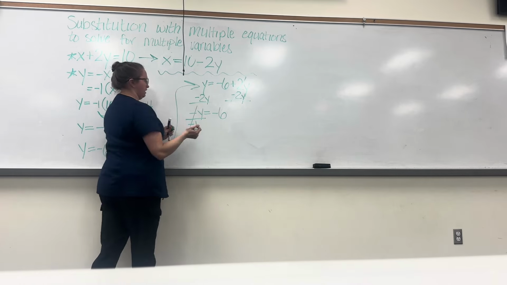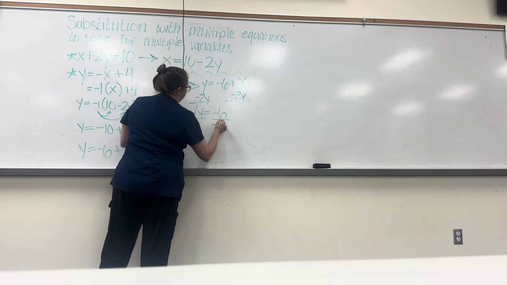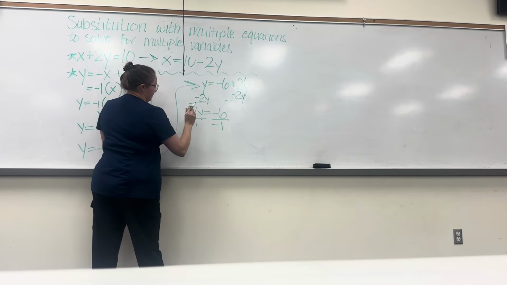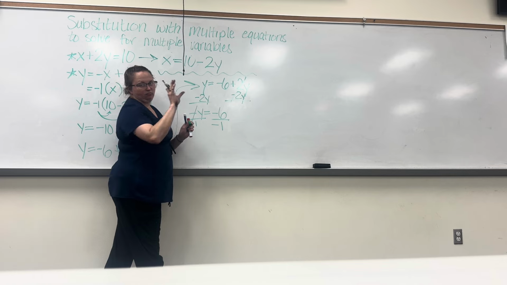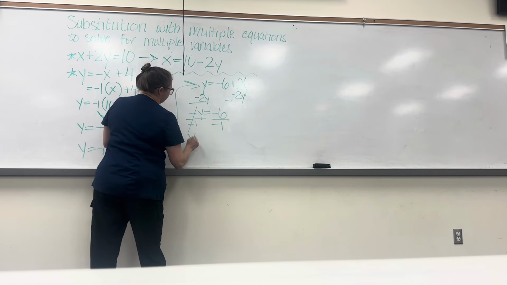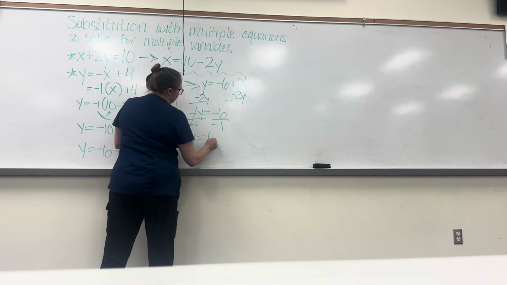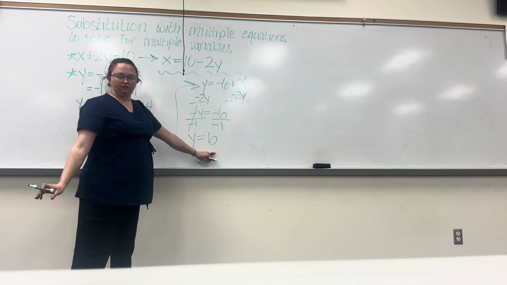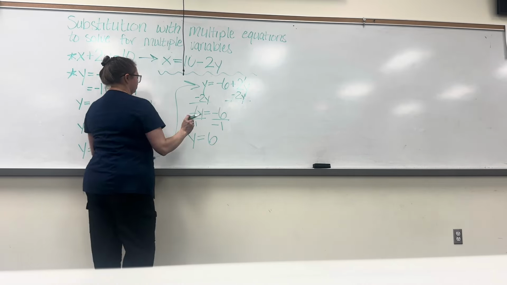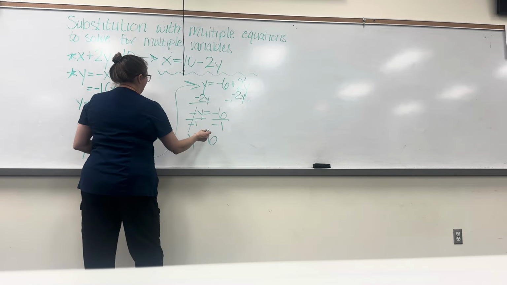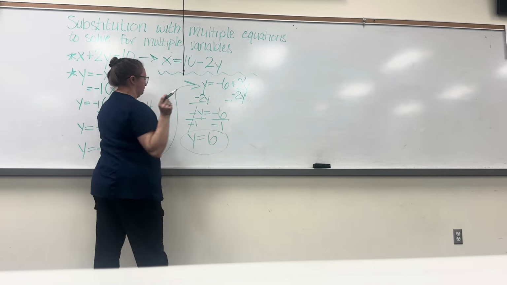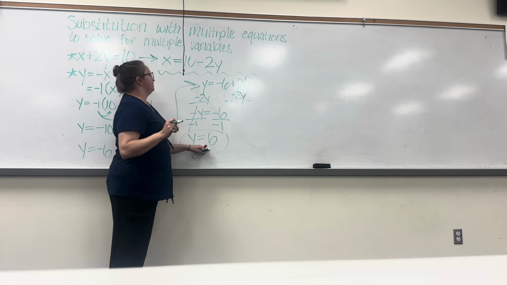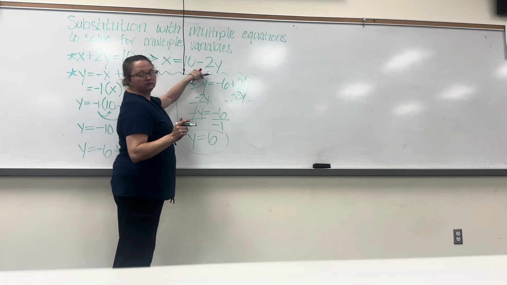That negative cancels out. Divide by negative 1. Negative divided by a negative is a positive. Y equals positive 6. So there we have our first variable, okay? Or the answer to our first variable, y. Boom, there's 1. Now what we're gonna do is we're gonna plug this sucker back into here, okay?